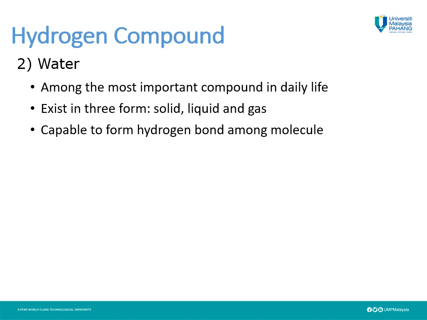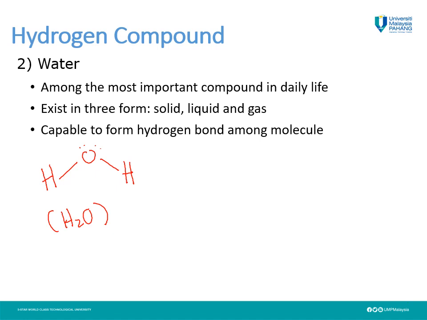It is capable of forming hydrogen bonds among the molecules. So in water, we will have oxygen bonded to two hydrogens. That's why we have H2O. So here we have oxygen with 2 lone pair electrons.